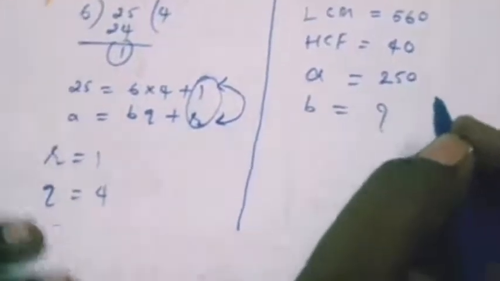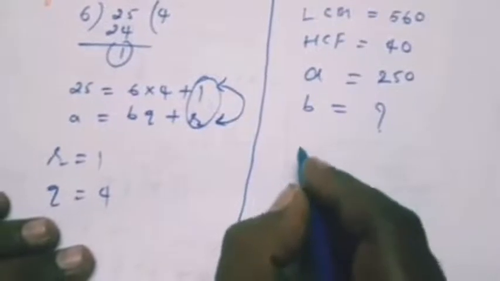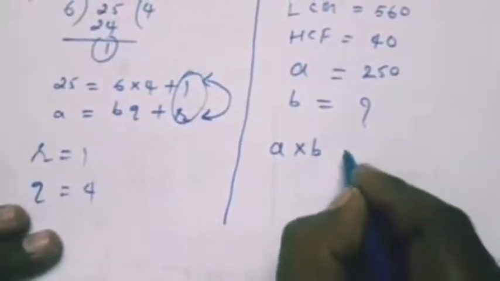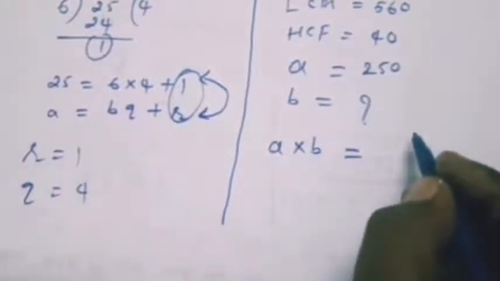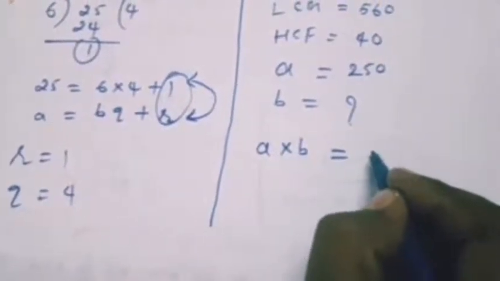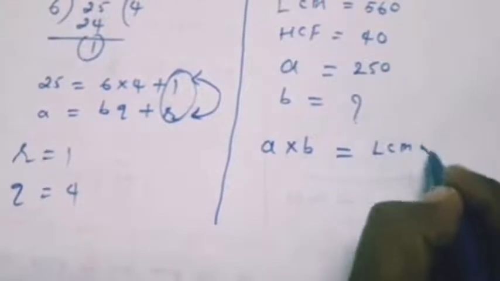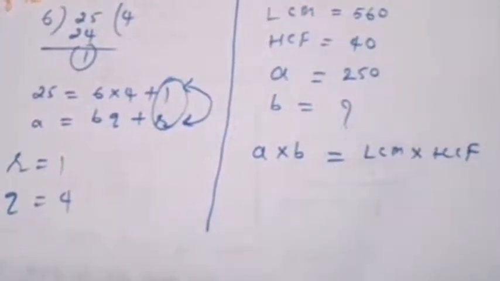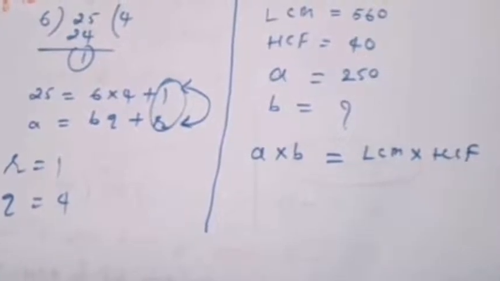Meaning, you see, the product of two numbers equals the product of their LCM and HCF. This is the concept here.